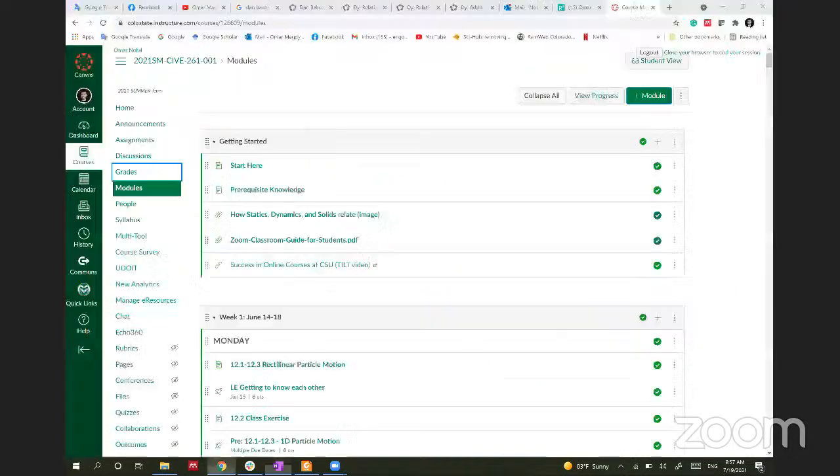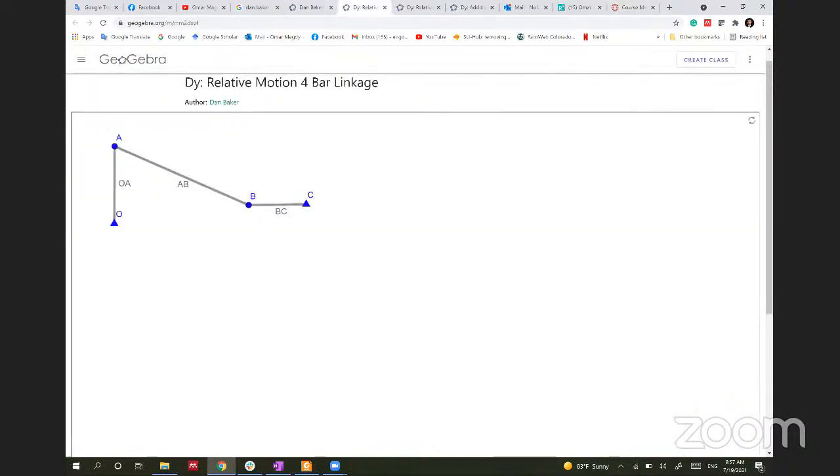To understand this problem, I want to show you an application. Here's the same problem drawn by Dr. Dan Baker, which shows how the motion looks. If the body CB is moving down, that means the omega is counterclockwise, and I need you to notice how the body AB moves.